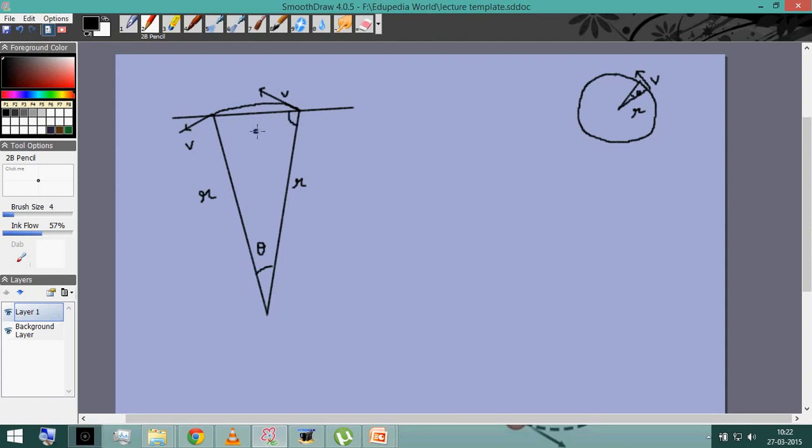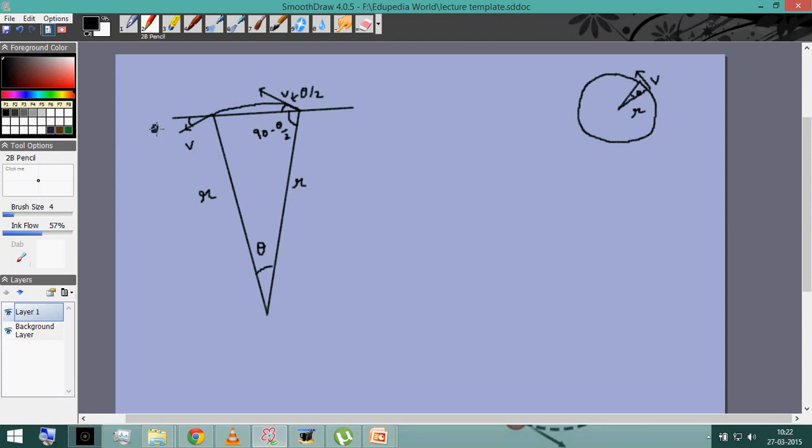Since this angle is theta, and these two angles are equal, keep in mind this is the radius. We'll use a little bit of high school geometry now. These two are the radius, which are equal, so these two angles must be equal, right? Since this angle is theta, the sum of these two angles is 180 minus theta.